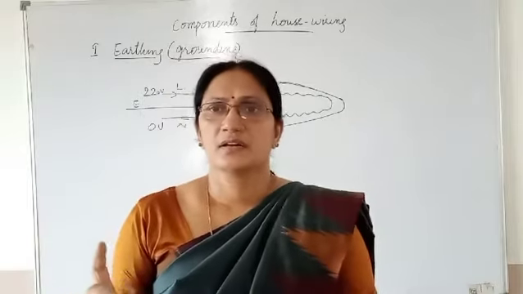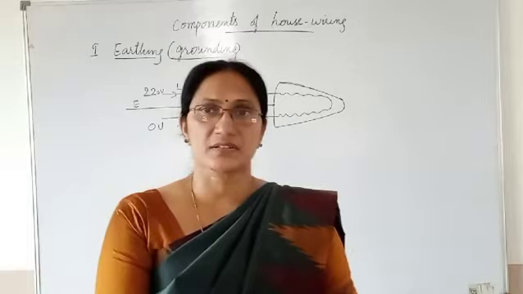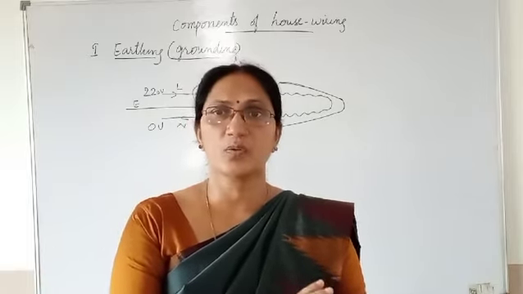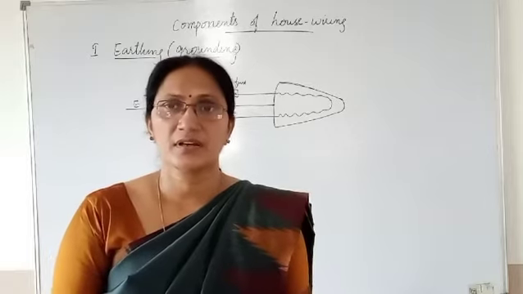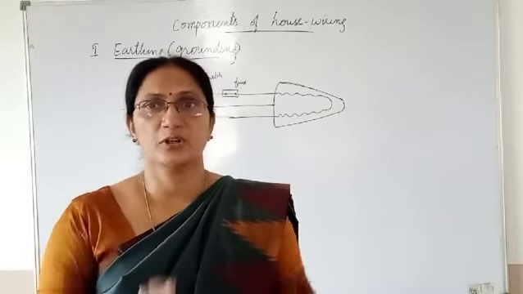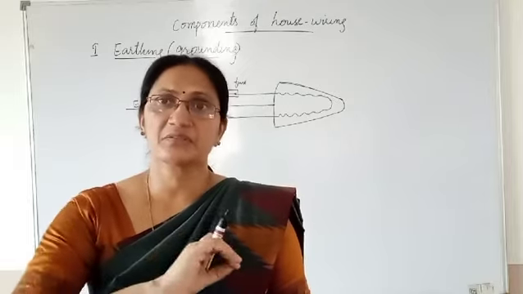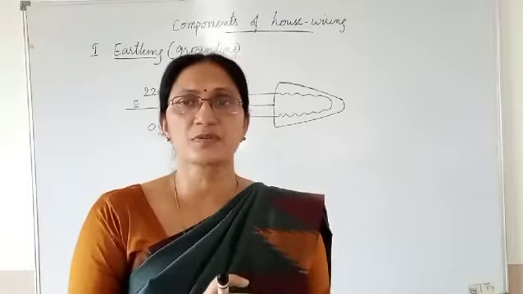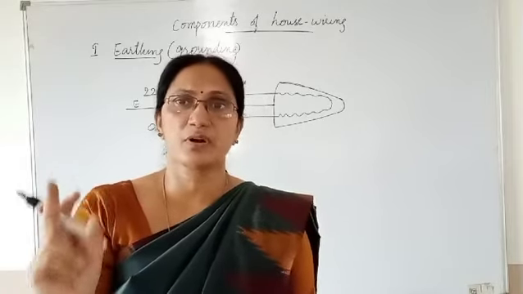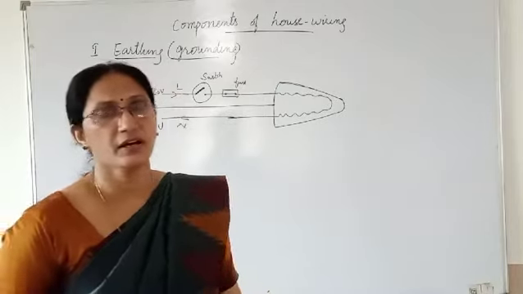Finally, the earthing connection is done near the meter, the kilowatt hour meter, at the point of entry of the current. On the body of the meter, earthing will be done, and that earthing wire reaches different places in different rooms, so all those devices' bodies are connected to earth. That is the purpose of the earth wire.